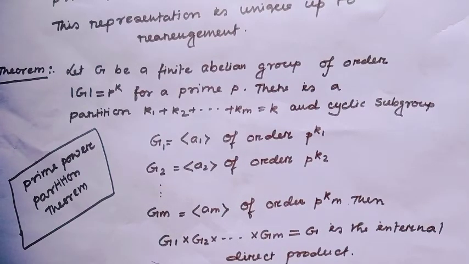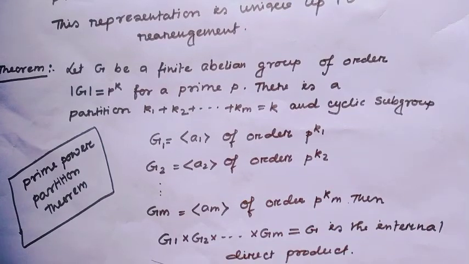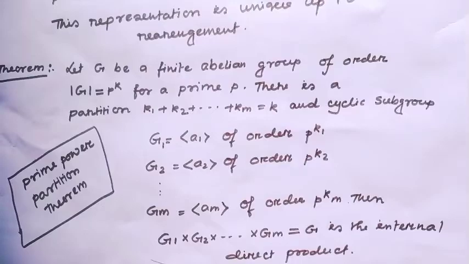Then G1 cross G2 up to Gm equals G, which is an internal direct product. That means different partitions of the power give different structures of the group. Are you getting it? Actually, finite abelian group theory talks about prime powers. Without prime powers, it cannot say anything.